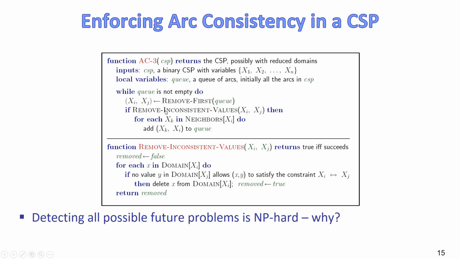If we found that we removed any value from checking the consistency of that arc, as we discussed last time, we only delete from the tail, then we will have to put back all the arcs that are pointing to that tail, because they might now become inconsistent after we remove the values from the tail.